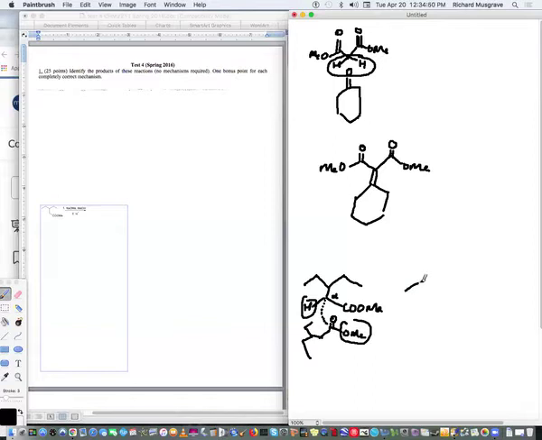So the product of this is going to be this compound here. Does anybody have any questions? Nobody has any questions?